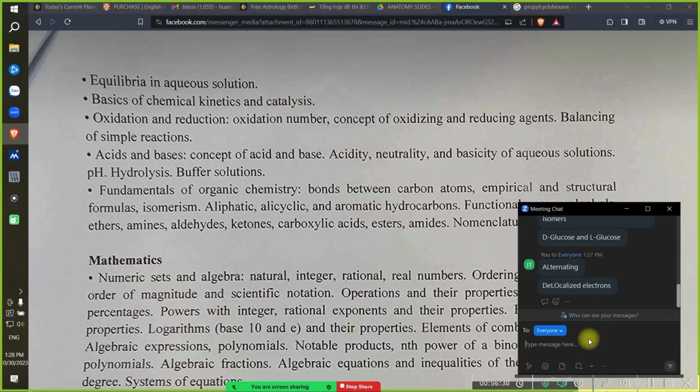Can I have a second? Yeah, of course. Each time I type alicyclic, it goes straight to salicylic acid here. Is it the same? No, it's not the same thing.